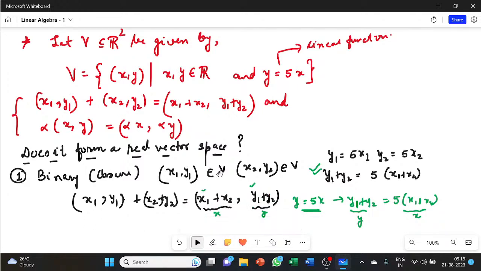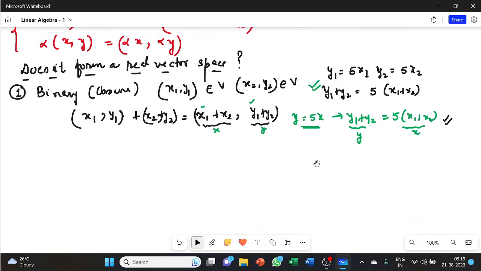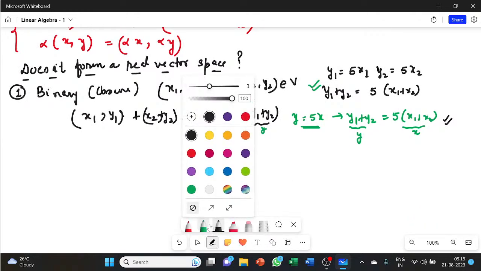If (x1, y1) belongs to V and (x2, y2) belongs to V, clearly their sum also belongs to V. In order that their sum belongs to V, y must be related to x by y equals 5x, which you can see here. Is that clear? Please let me know.